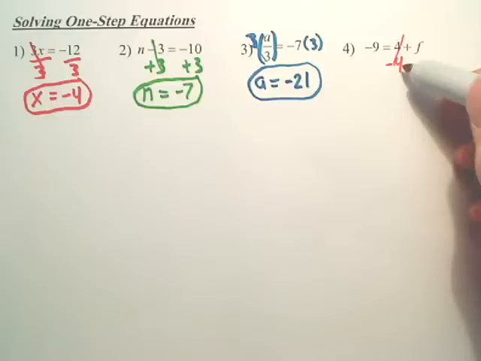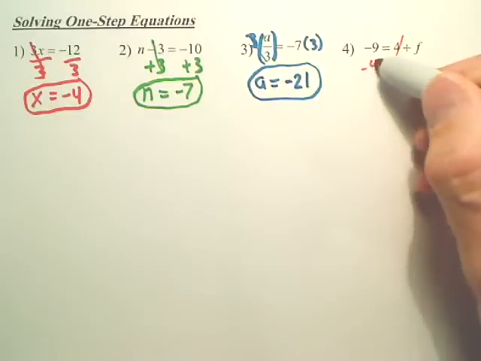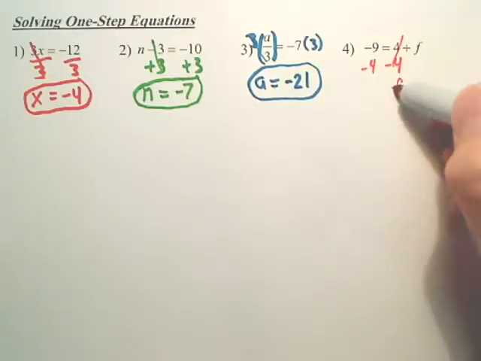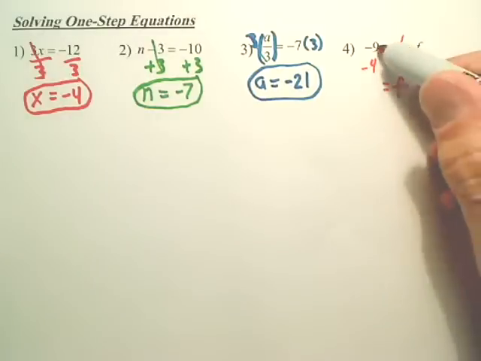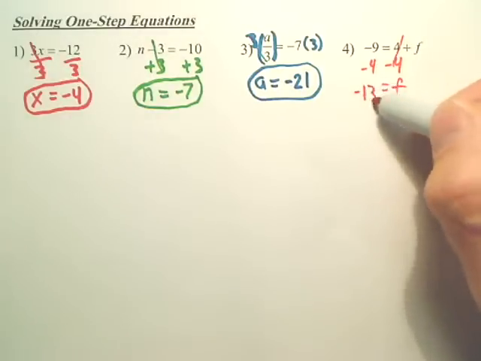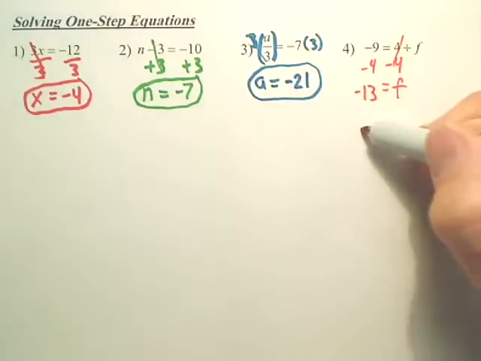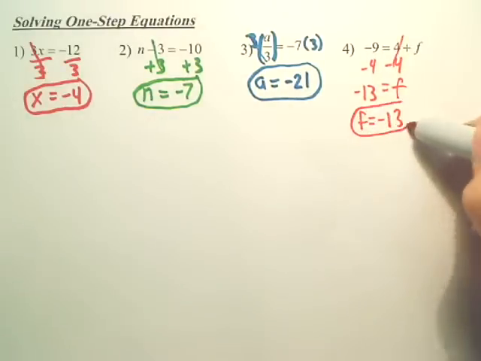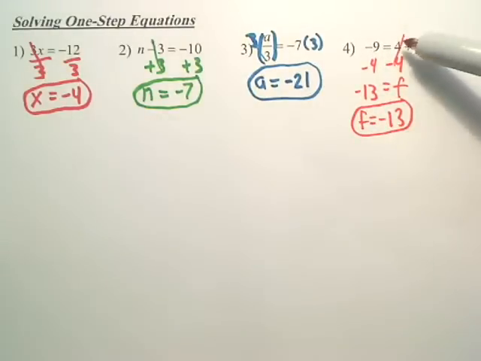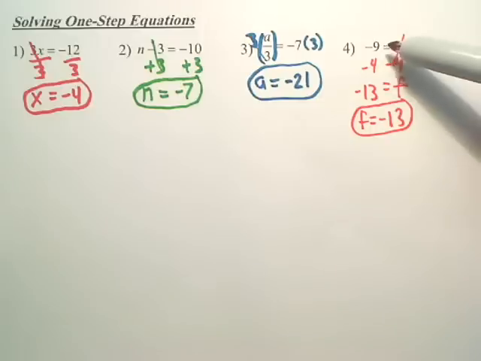And if I minus it over here, don't I have to minus it over here? So f equals negative 9 minus 4, which gives you? Now could I rewrite that as f equals negative 13? So, does 4 plus negative 13 give you negative 9? Yeah.